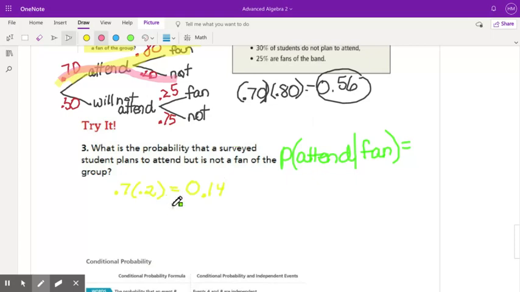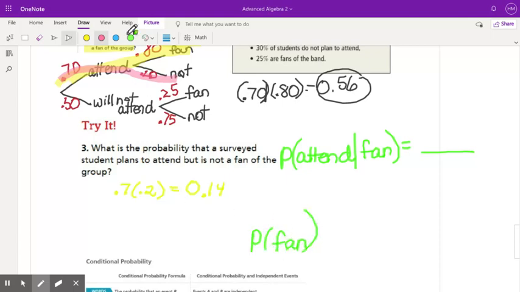So that means I need to consider those who will attend and those who will not attend. So let's first look at this. First of all, I need to figure out the probability that they're just a fan, because that is what this denominator is saying. Well, we already know they're a fan, but I don't have that information up here. I don't know what the probability is that they're a fan. So first let me find the probability that they're just a fan of the group.